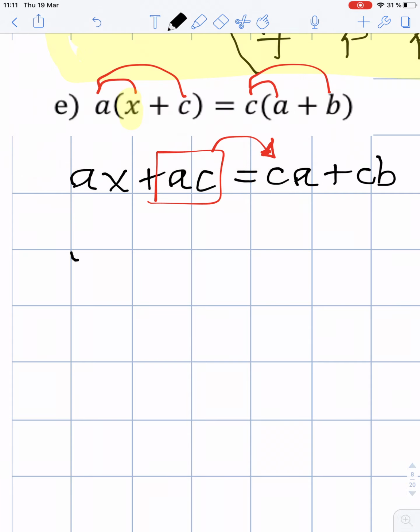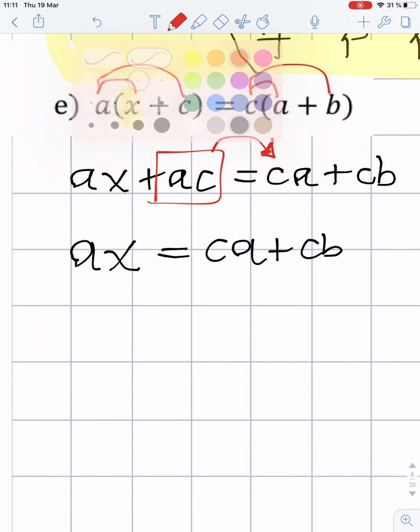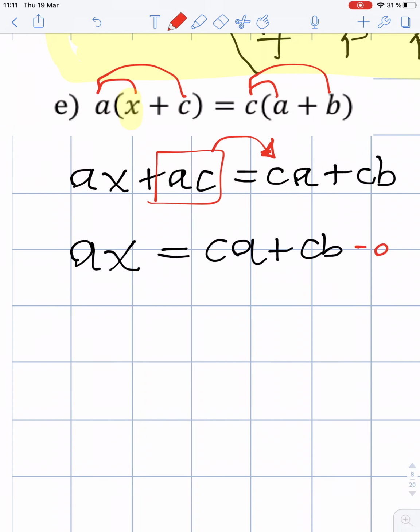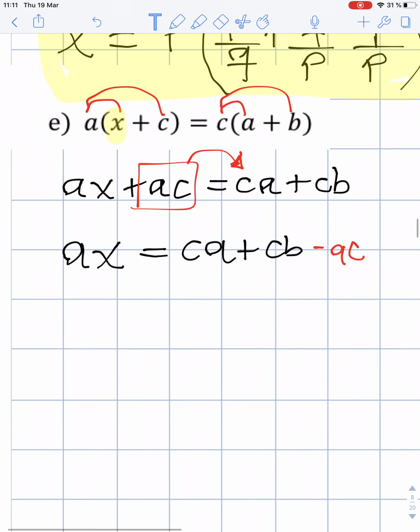Therefore, the answer so far is ax equals ca plus cb minus, in a different color, what is changing, ac. Now, we have two similar expressions, ac and ca.